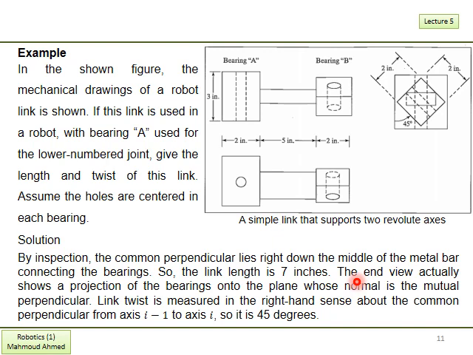And on the end view, we actually show the projection of the bearing onto the plane whose normal is the mutual perpendicular. What does that mean?